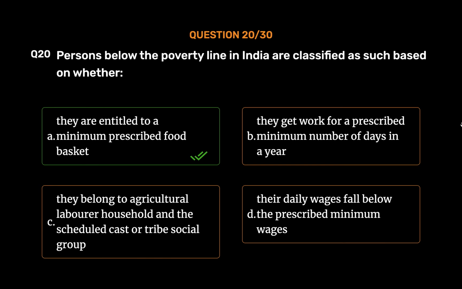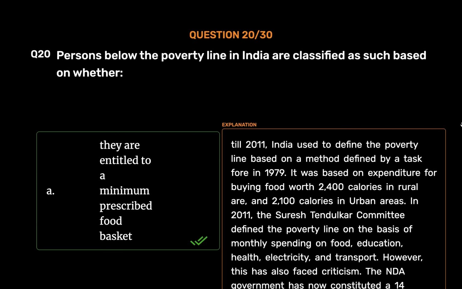They are entitled to a minimum prescribed food basket. Till 2011, India used to define the poverty line based on a method defined by a task force in 1979. It was based on expenditure for buying food worth 2,400 calories in rural areas and 2,100 calories in urban areas.